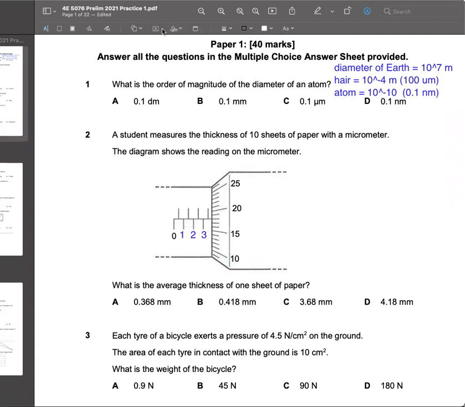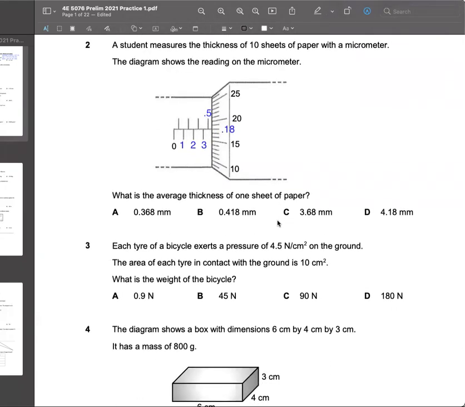From there, you get the 0.5, right? Then the other one, you get the 0.18, right? Over here. Then from there, you need to divide by 10. So that's the answer.